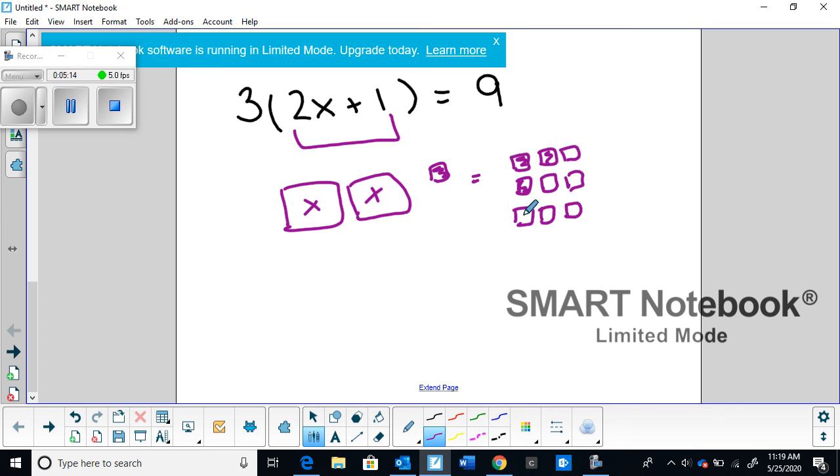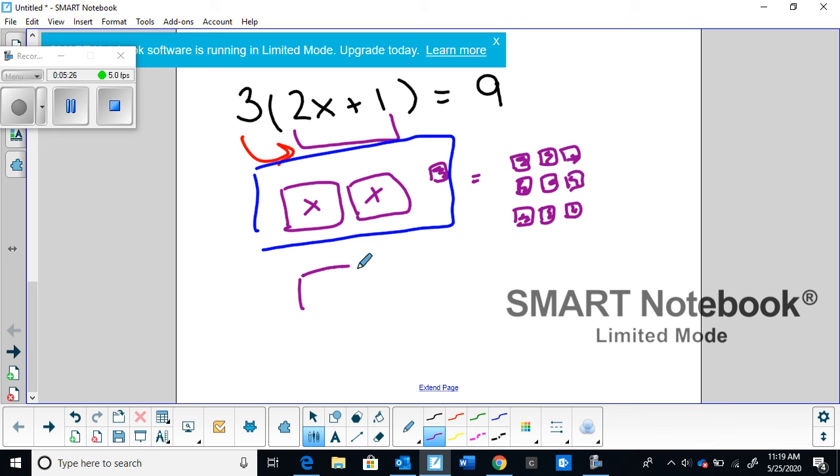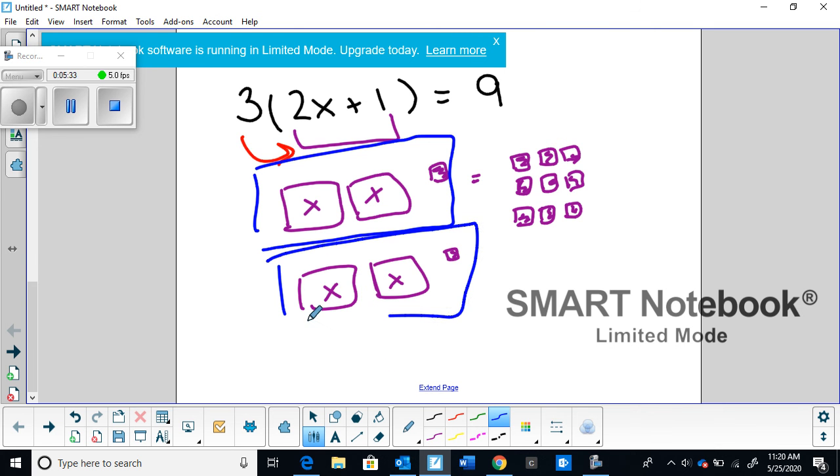And they're all colored in because it's positive 9. Okay, great. And then what this is telling me is I have 3 of this, 3 times this inside. So I'm going to box that off. That's 1. I'm going to have it again. And a positive. I have that a second time. And then I have it a third time.